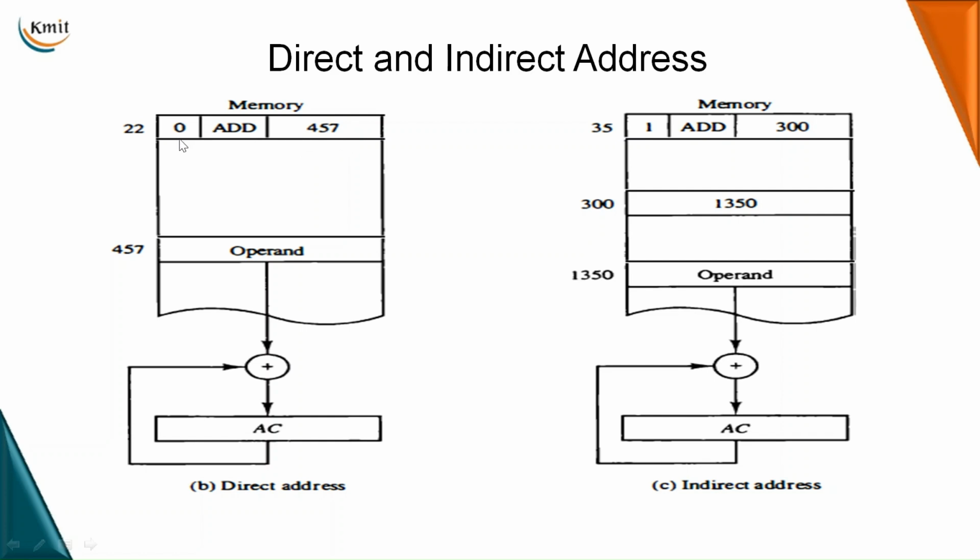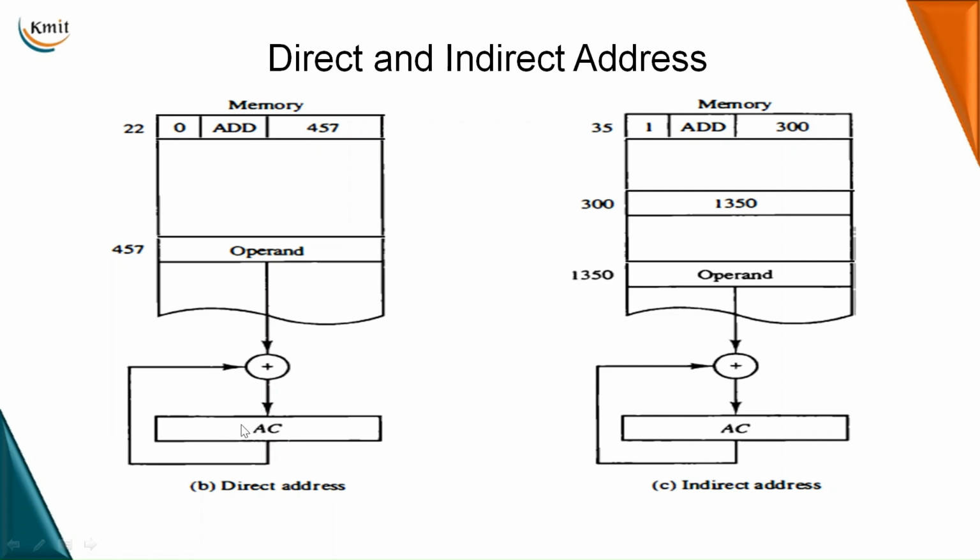Whenever the mode bit I is equal to 0, it is direct addressing. Direct addressing means that if you go and refer to the address specified in the address part of the instruction, you can find the actual operand on which the operation has to be performed. Here it has to perform an addition operation.